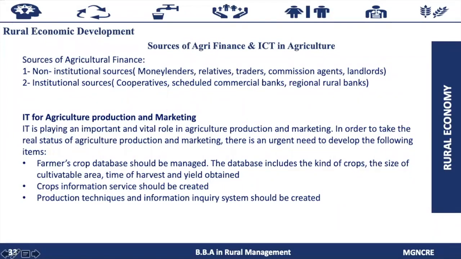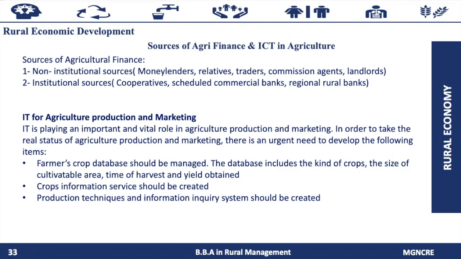IT is playing a very important and vital role in agriculture production and marketing. In order to take the real status of agriculture marketing and production, there is an urgent need to develop the following items. The first point being farmers' crop database should be managed effectively. The database should include factors like kind of crops, size of cultivable area, time of harvest, and the yield obtained.